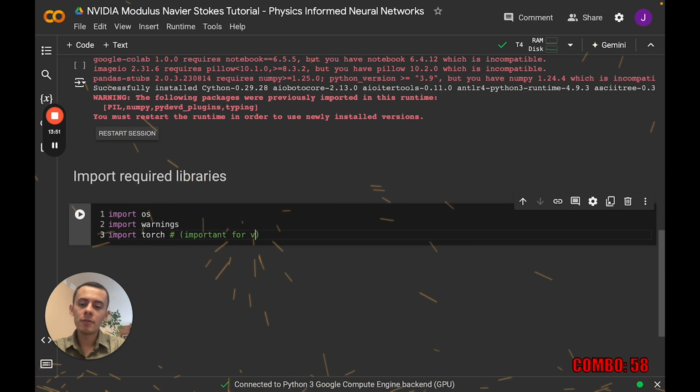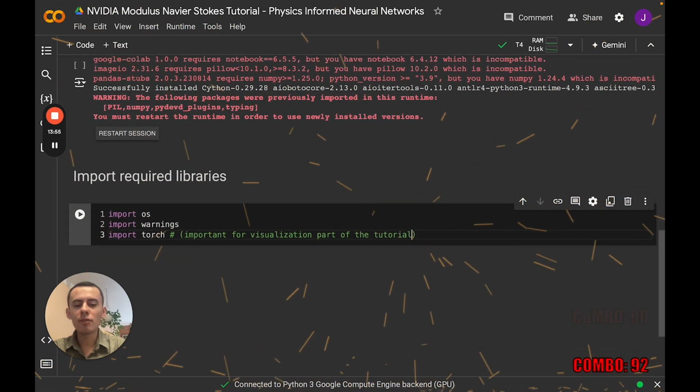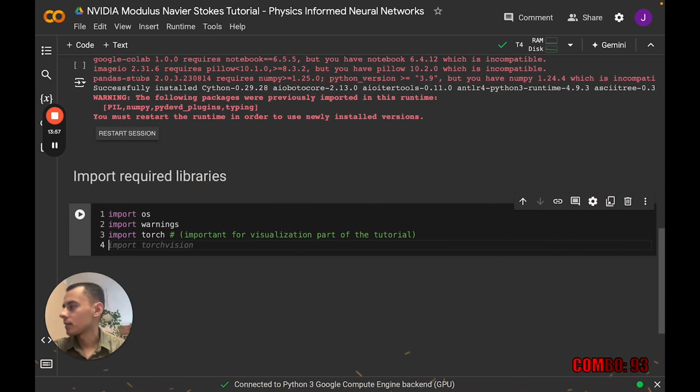It's important for the visualization part of the tutorial. You don't need to import it separately for NVIDIA Modulus itself, because I think it imports it behind the scenes. It relies on it. But in this tutorial, we're going to use it to instantiate inputs and outputs of PyTorch, called tensors, and in the visualization phase of the tutorial.